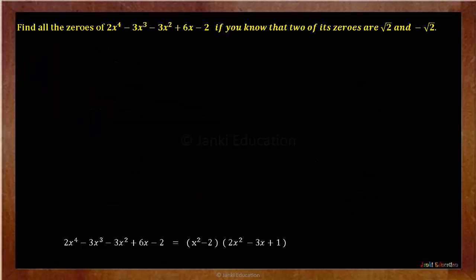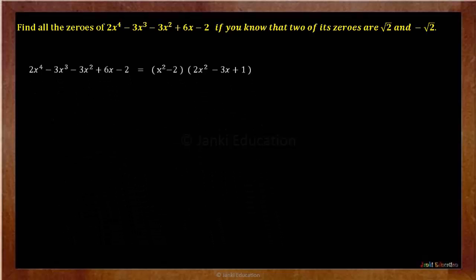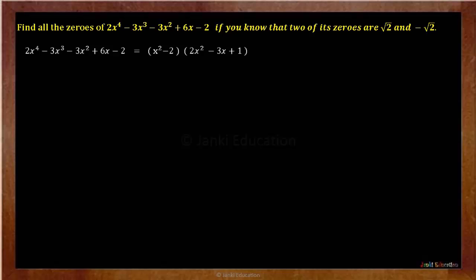Here we have just divided the polynomial and got the factors, but our ultimate goal is to find all the zeros. So if you look at this multiplication of quotient and divisor, that is x square minus 2, we have already written that for 2 of the zeros, but here 2x square minus 3x plus 1, we have to factorize this.